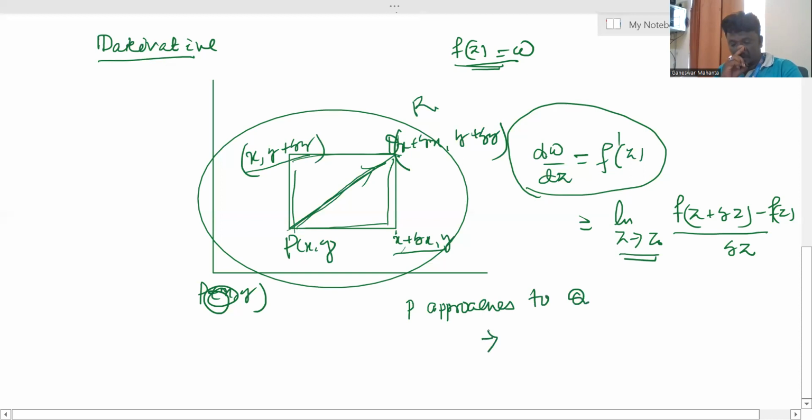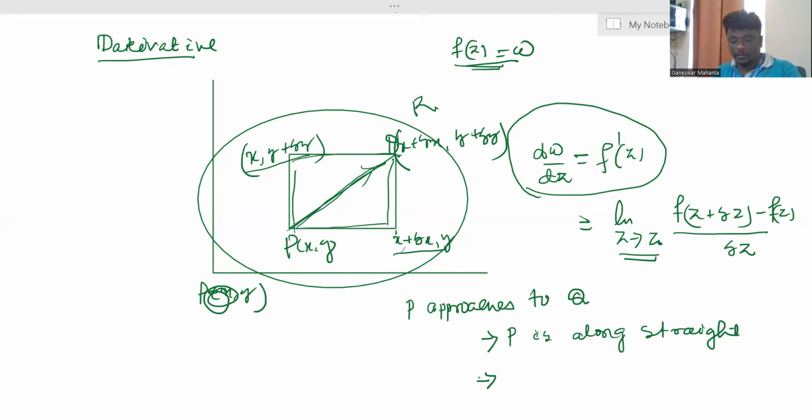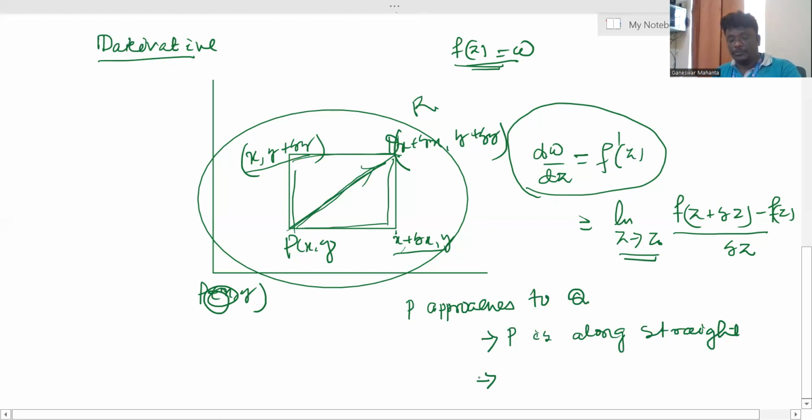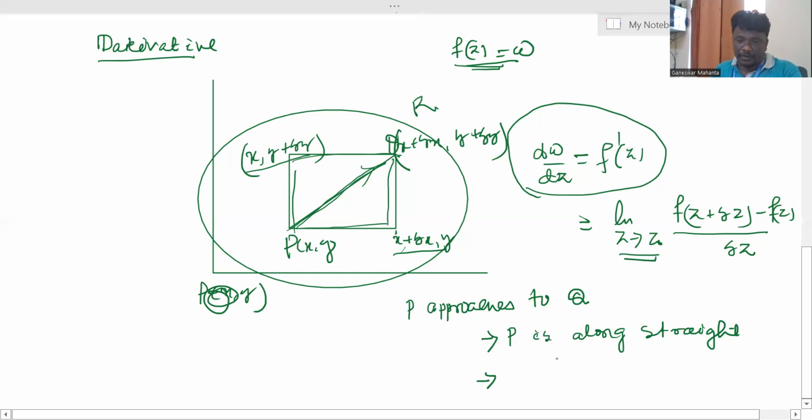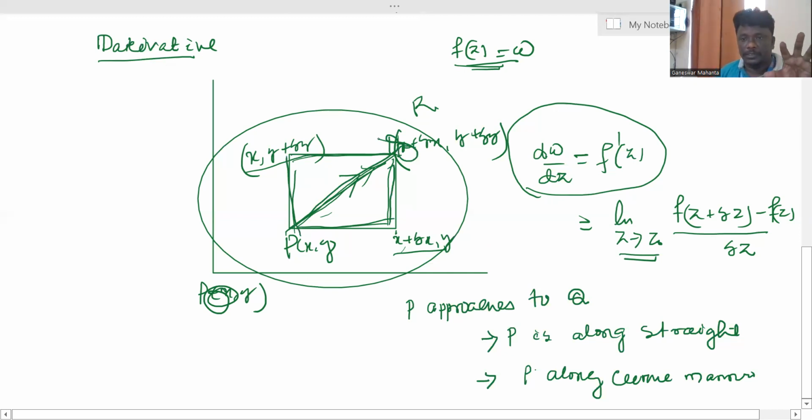What are the processes? Q may approach P along any straight path, or another way, a curved path. Delta z may tend to zero in any manner, straight or curved, but it tends to zero. Any point to be substituted gives us the point.